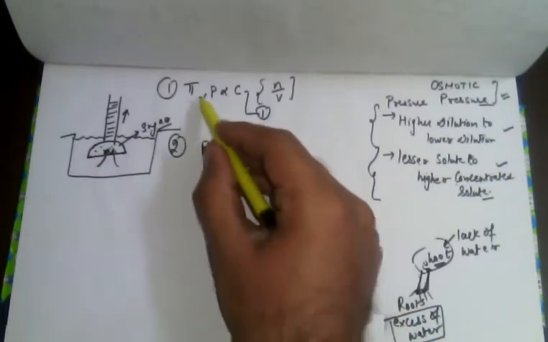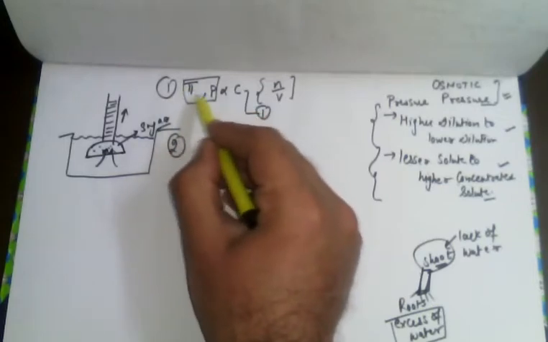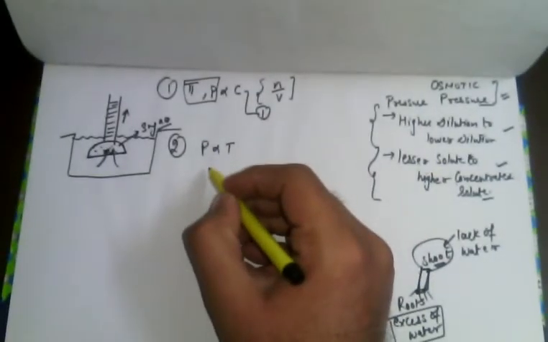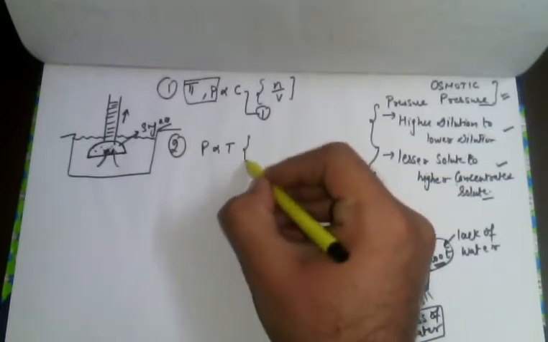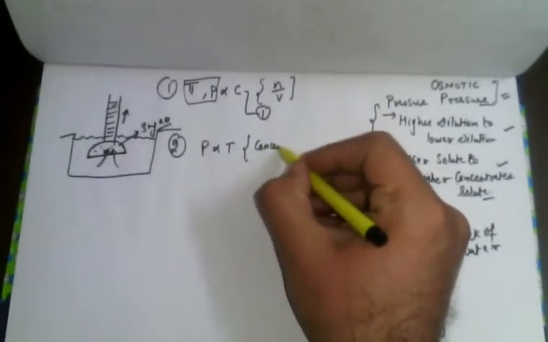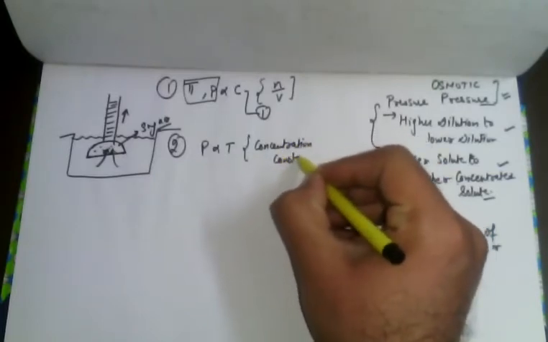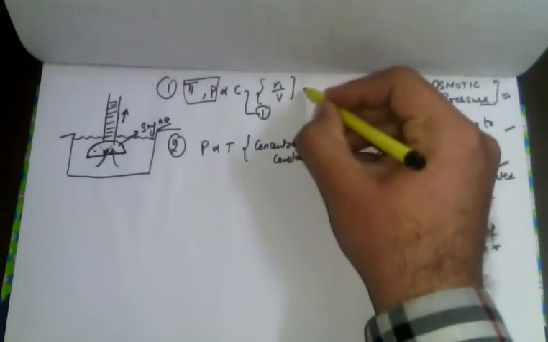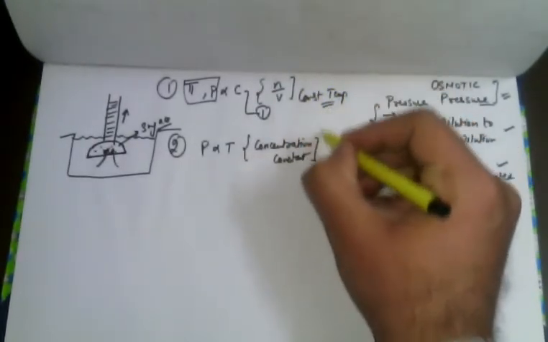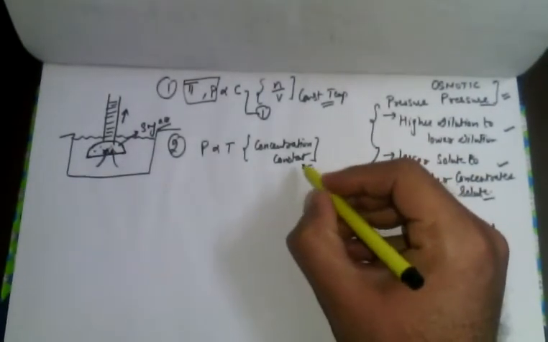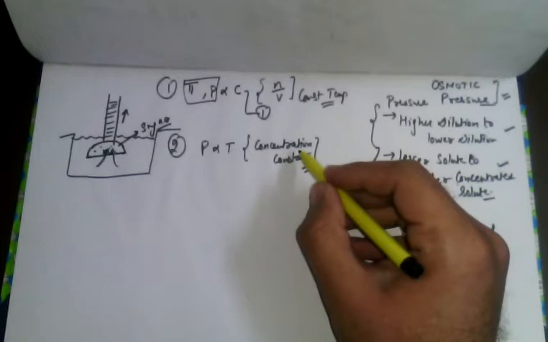We will represent it by pi or P. We can use any one of these symbols. Here we keep the concentration constant, and in the first case we kept the temperature constant. These are the two verified observations by the two scientists.